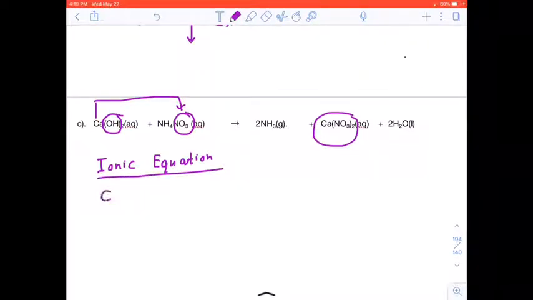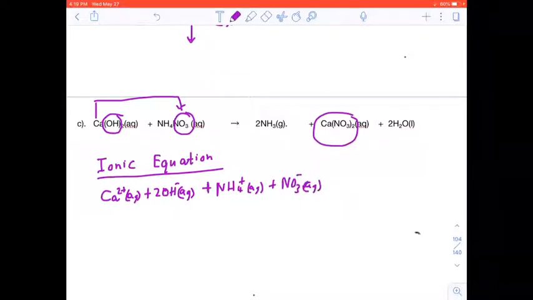Alright, which means Ca2+ aqueous plus, we know it's NH4+ aqueous plus NO3- aqueous, right?